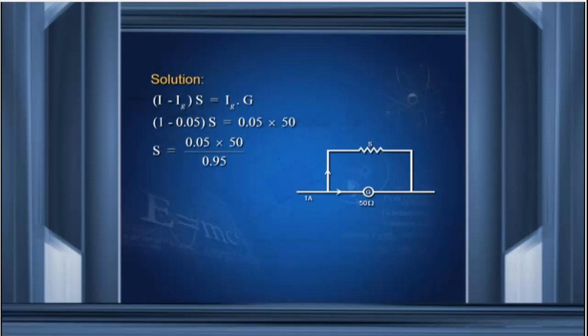After calculation, we came to know that the shunt resistance S should be equal to 2.63 ohms. So, it means if we want to convert galvanometer of 50 ohms into an ammeter which can measure a current of 1 ampere, then we have to shunt it with the resistance of 2.63 ohms.